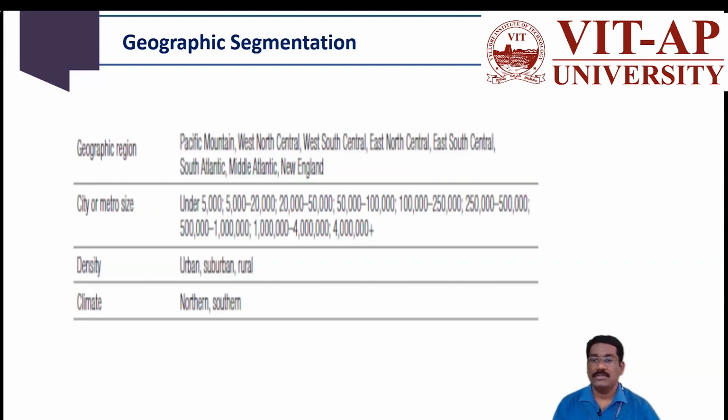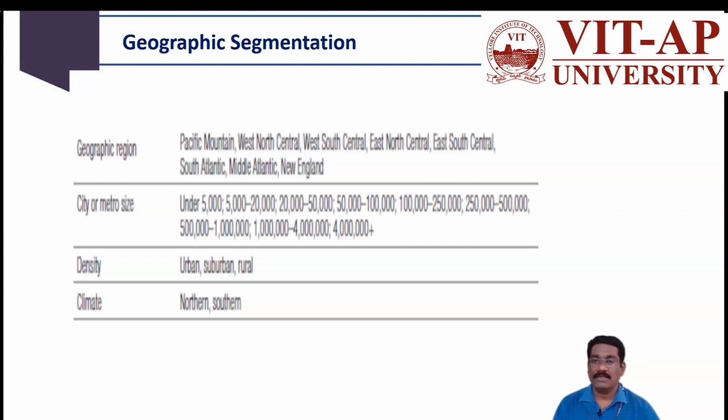And also, there are certain products meant only for metro cities. Do you understand this? In rural areas, you cannot go for KFC or McDonald's, which have family pack sizes. These products are only offered in metro cities.